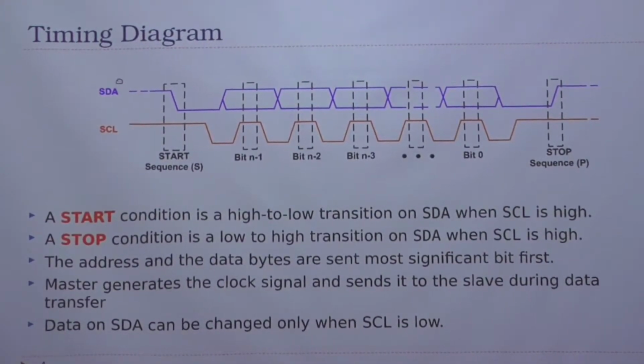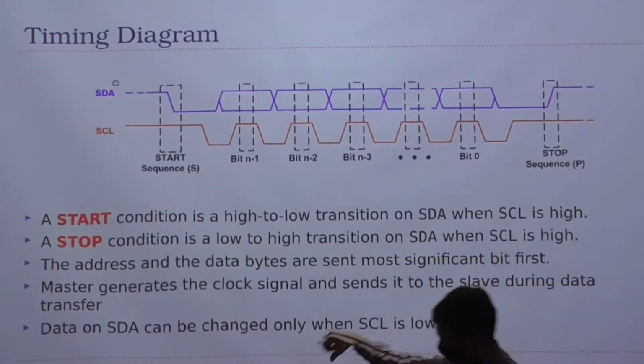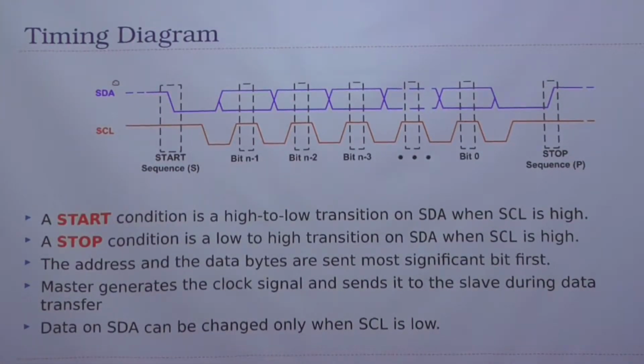Things that are slaves might be things like an external EEPROM chip, or something like a thermal sensor that is also communicating via I2C. Last time we focused a fair amount on the particulars of how these signals are transferred, and the fact that any one of these devices, be it master or slave, can pull that line down because all of these pins are being configured in open drain.